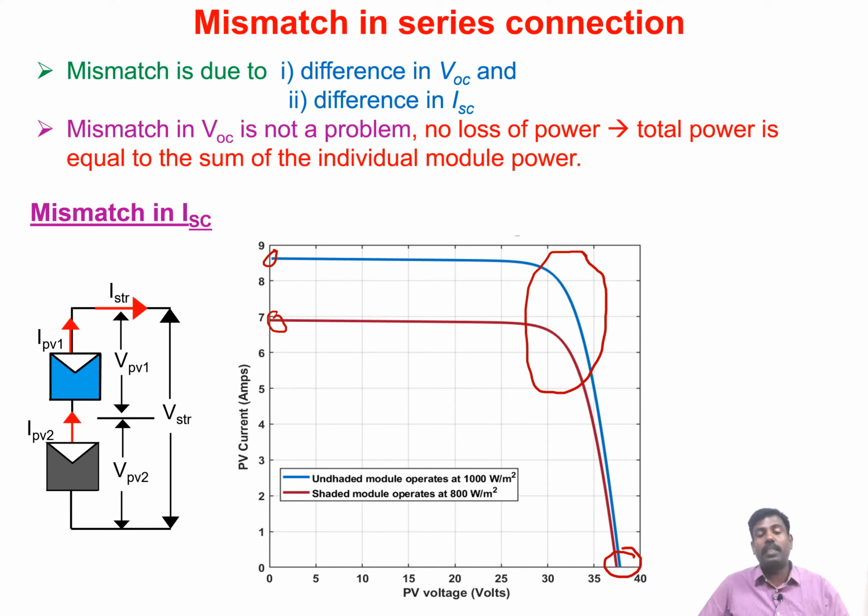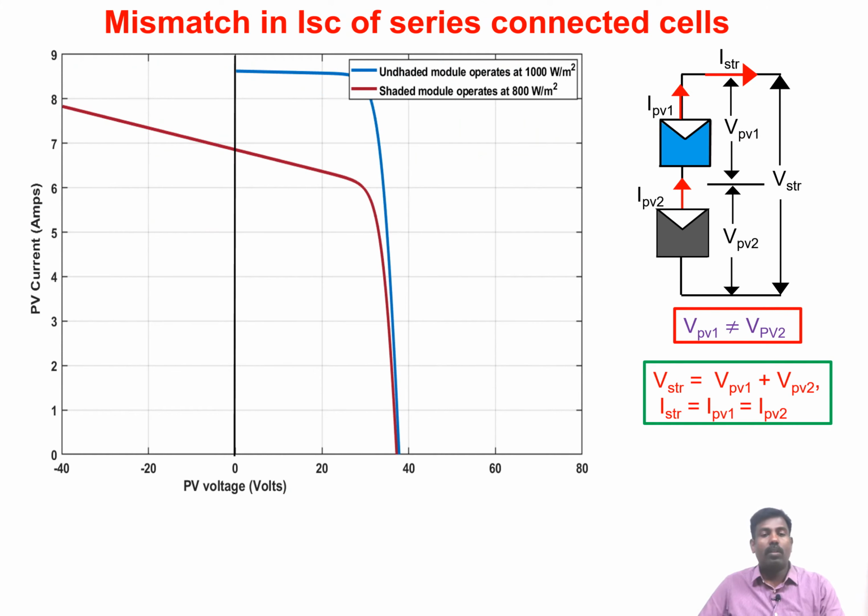We would like to see what the effect will be if modules with two dissimilar characteristics are connected in series. We have already seen how to draw an IV characteristic when they are similar. Here these are two panels: this is module 1 and this is module 2.